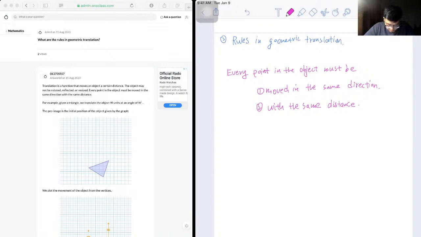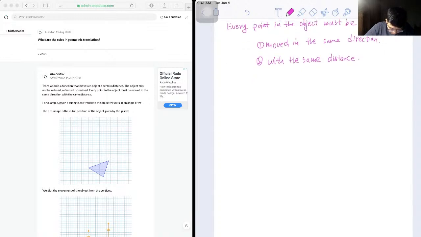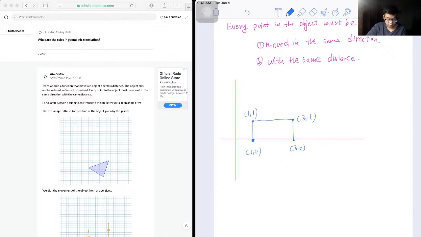So let's say I'll draw a graph here. We're building a rectangle, and here's a coordinate, let's say 1 0, and this part will be 3 0, and let's do 3 1 and 1 1 as our 4 coordinates for the rectangle.